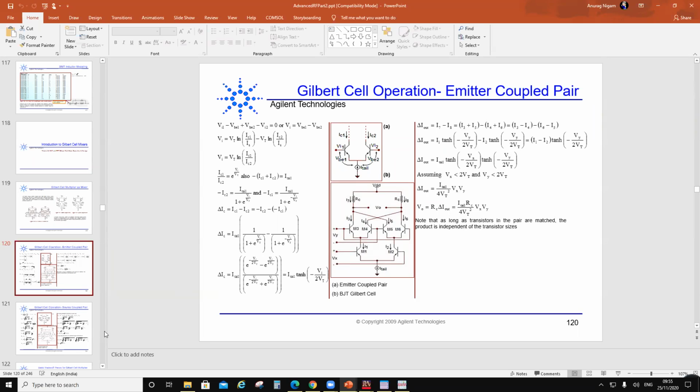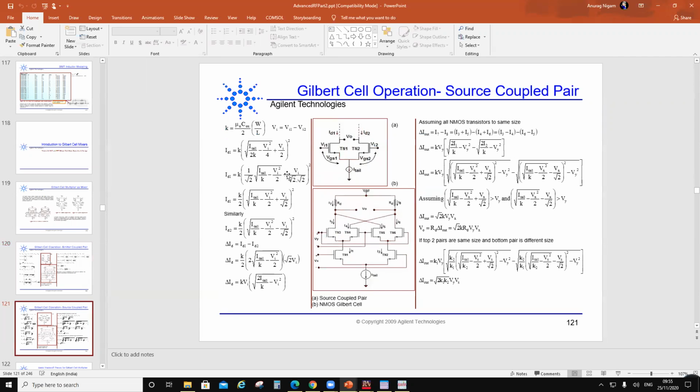After simplifying, so this is a bipolar. In case of this, you will understand. After I simplify the output current, I multiply by RC. Now, 2 things can happen. One is K. K is basically mu n Cox W by L. This K is going to be the same if all these transistors are the same.